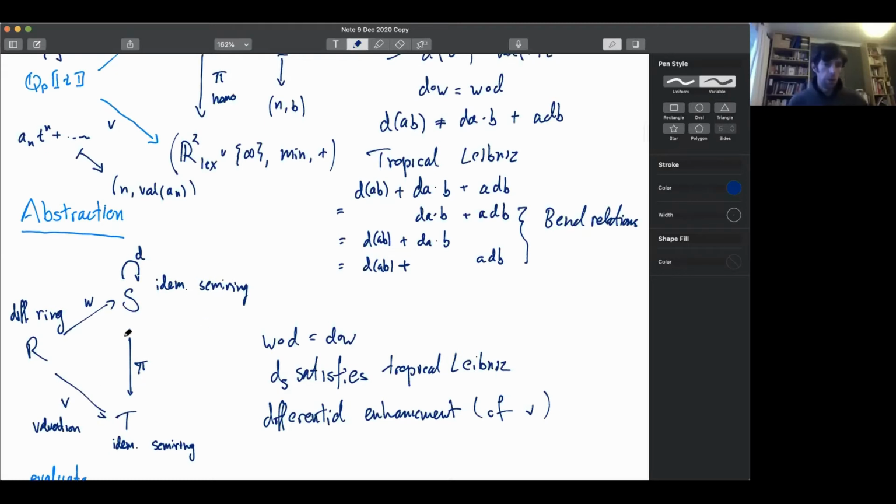So I want to think of this as some auxiliary data that enhances the valuation with the extra structure you need to talk about tropical differential equations.